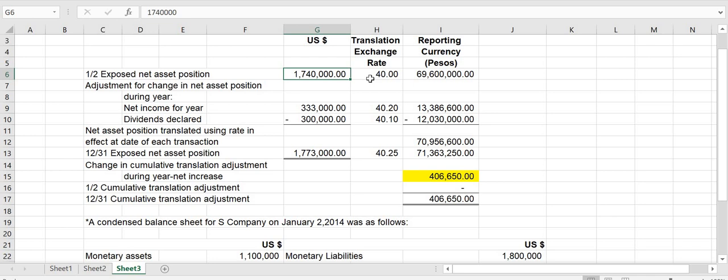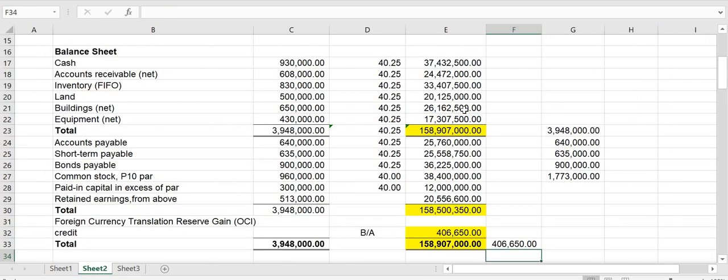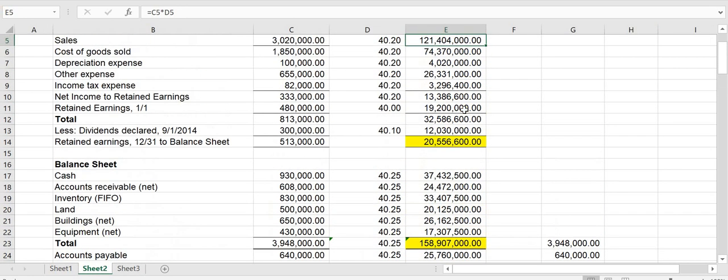Okay? And then our net assets shall be increased by, of course, the net income, and then it will decrease pag may dividend. So you have here our net income, diba, translated in pesos, actually 13,386,600. This is actually the one we've computed kanina. Less dividends.